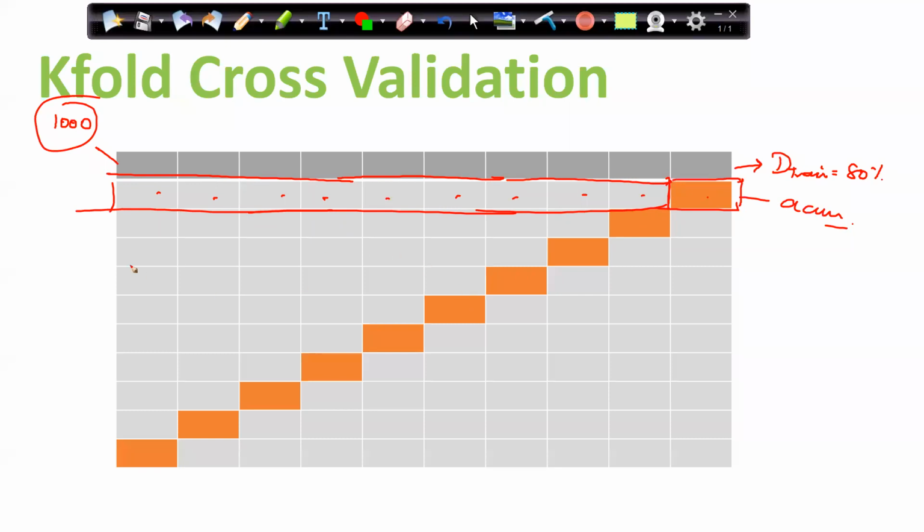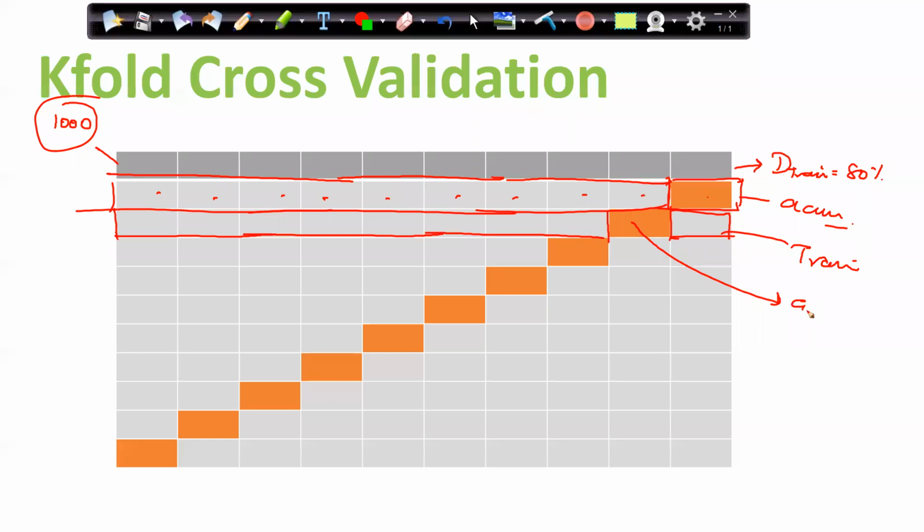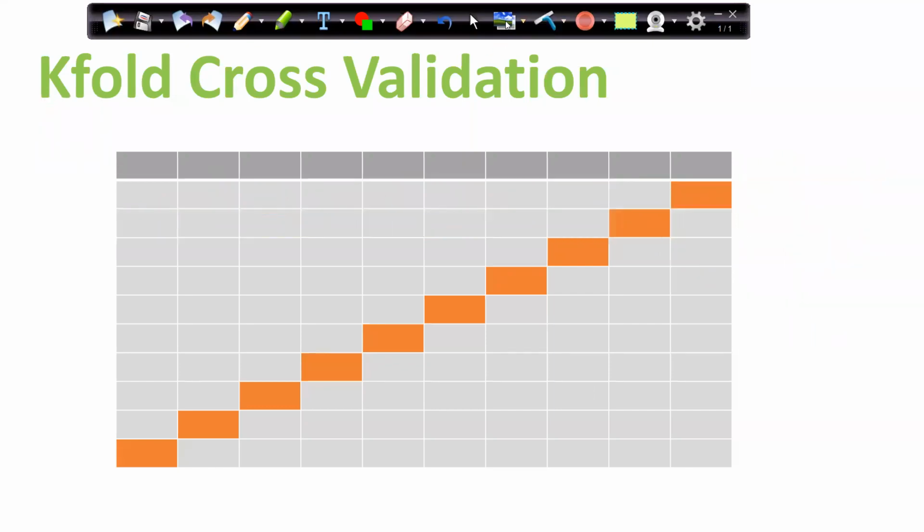Same way, I will have another round where I will use these 9 parts to train the model, and I will use this part to check the accuracy of the model. Okay, let's try to understand in detail by writing some numbers here.